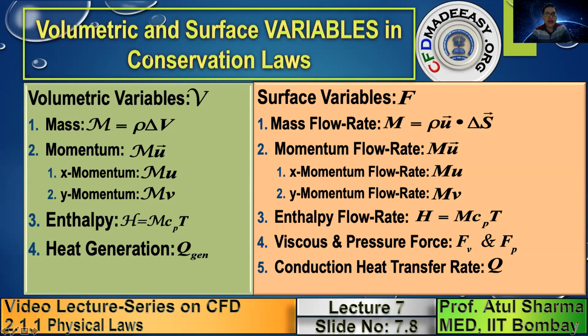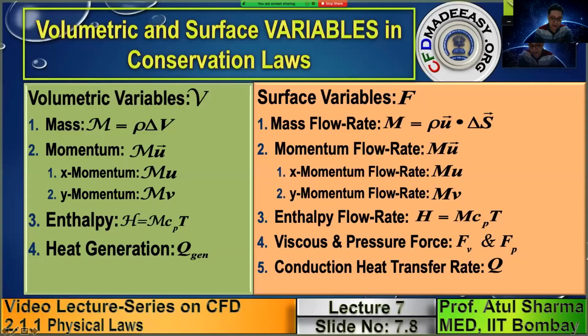In the next slide, I will show you volumetric and surface terms in the conservation law, where we are dividing the volumetric term by volume and representing it by an overbar.